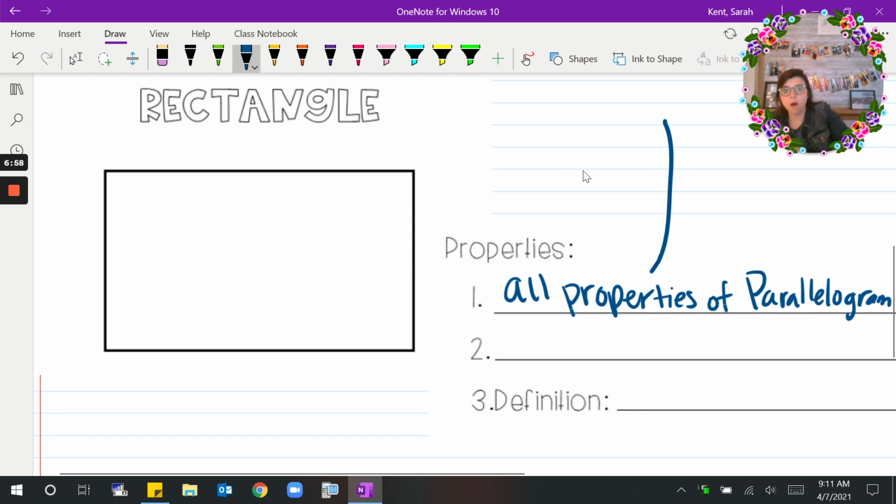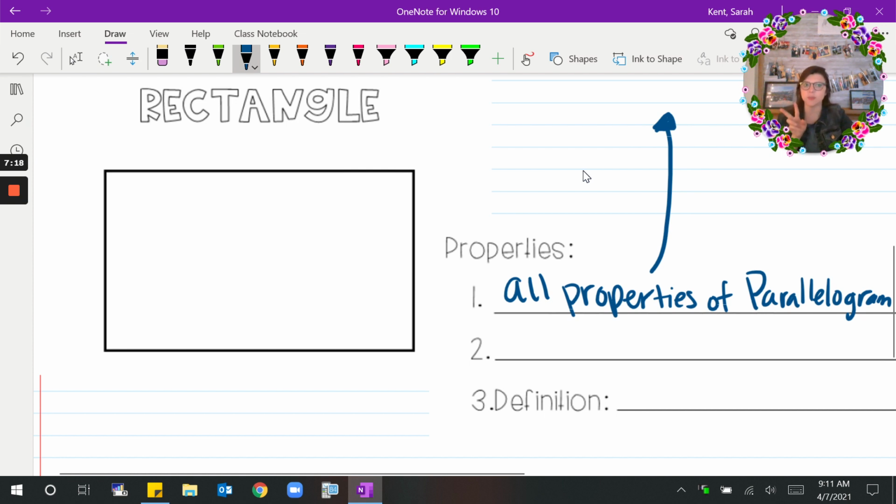So that means all of those properties up there are also true for the rectangle. So the diagonals bisect, same side angles add to 180 degrees, opposite angles are equal, opposite sides are equal, opposite sides are parallel. All of that is true for a rectangle.